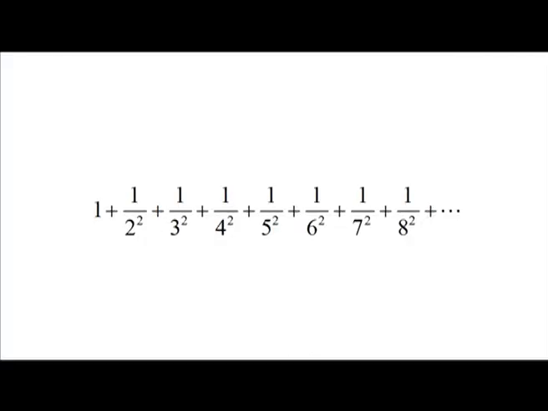The series of absolute terms is 1 plus 1 upon 2 square plus 1 upon 3 square plus 1 upon 4 square plus 1 upon 5 square plus 1 upon 6 square plus 1 upon 7 square plus 1 upon 8 square plus etc., which, being a hyperharmonic series with p equal to 2, strictly greater than 1, is convergent. Hence, the given series is absolutely convergent, and hence, in view of the theorem, the given series is convergent.